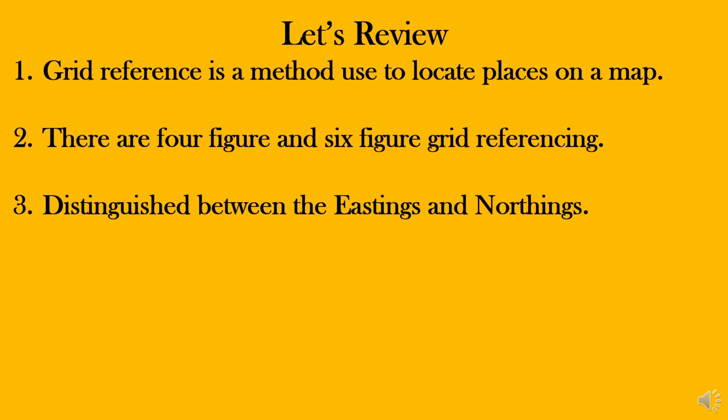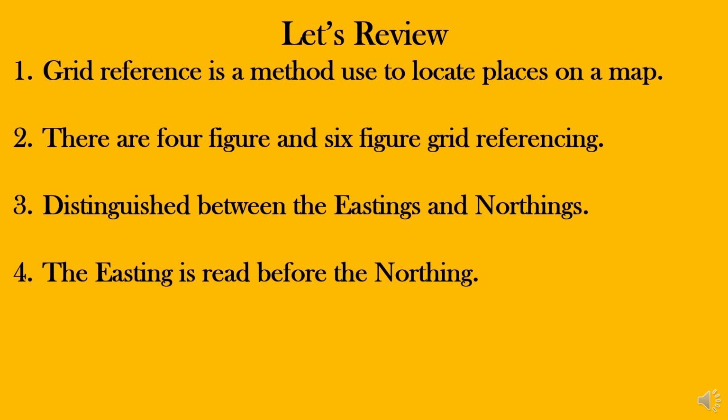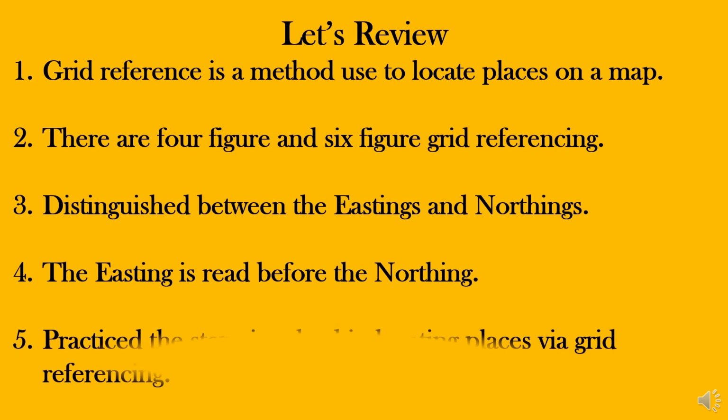We also distinguished between the eastings and the northings. Also, we knew that the eastings are read before the northings. And finally, we practiced the steps involved in locating places via grid referencing.